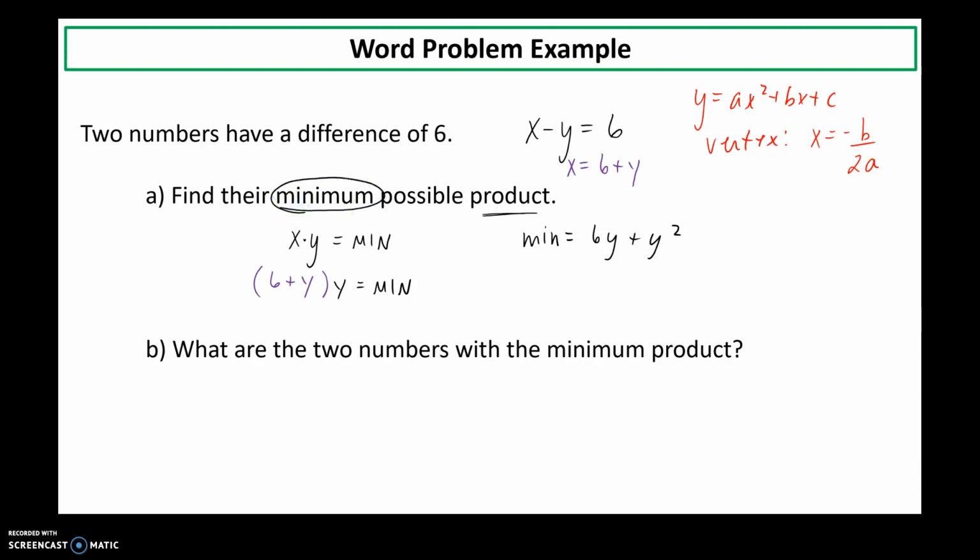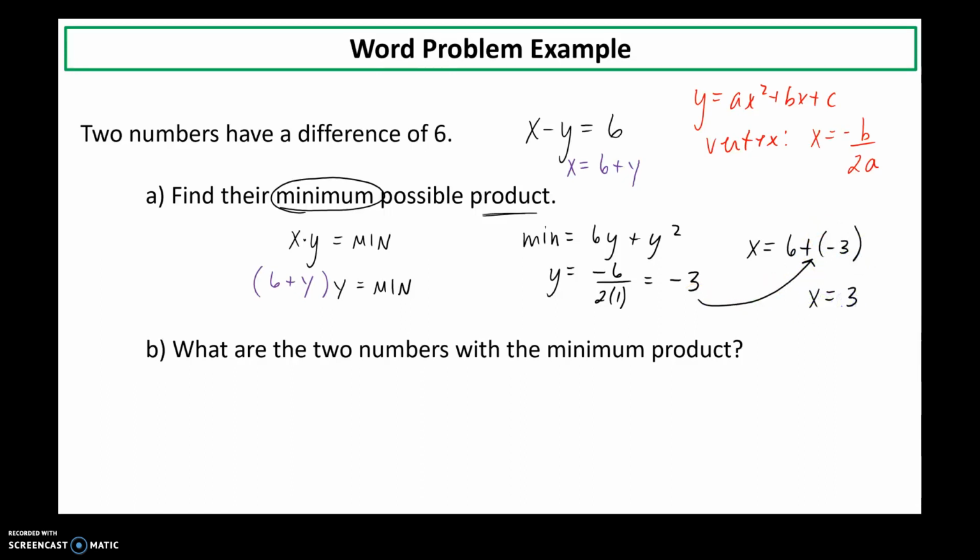So if I want to find the minimum, what's the minimum? The minimum is the vertex. Here my variable happens to be y, so y would be negative b over 2a. My y value is going to be negative 3. Now how do I go back and get my x value? My x value will be 6 plus, I just found that to be negative 3, so my other coordinate is going to be positive 3.